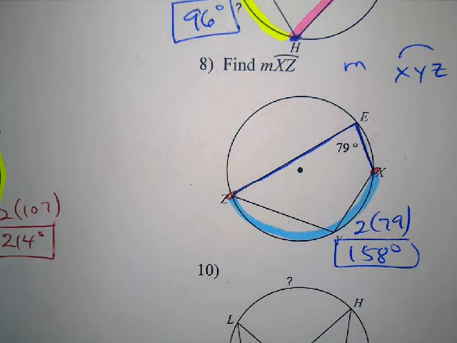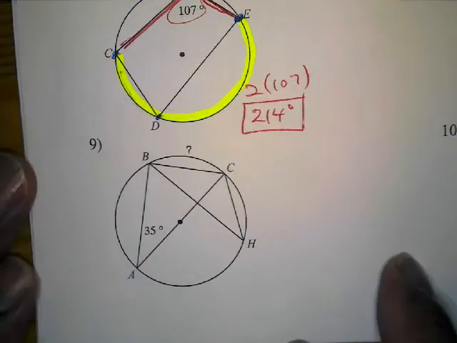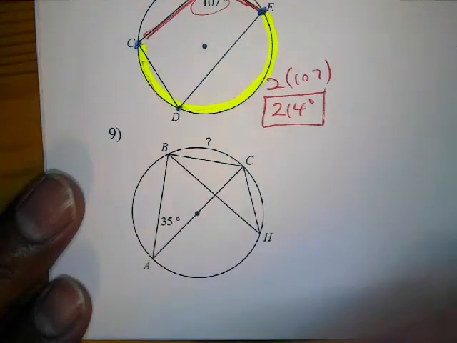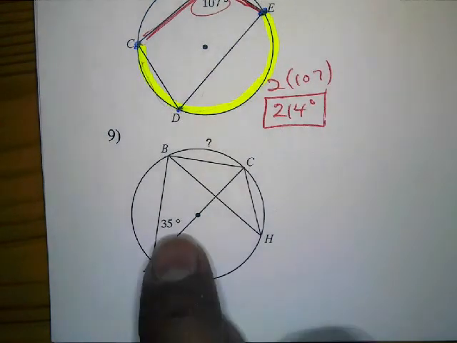Okay, last two are the tough ones. Here it is. Don't let all these crazy lines throw you off. If you just focus on the angle and you use highlighters or pens or something, it'll help you out. Whoa, look at number 9.